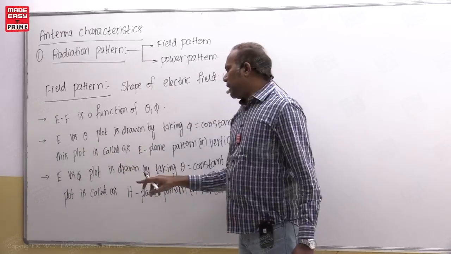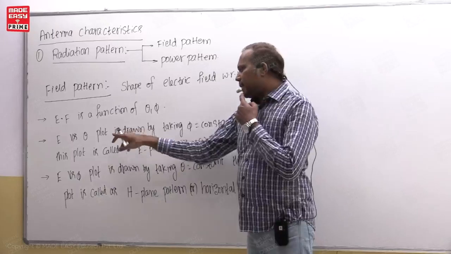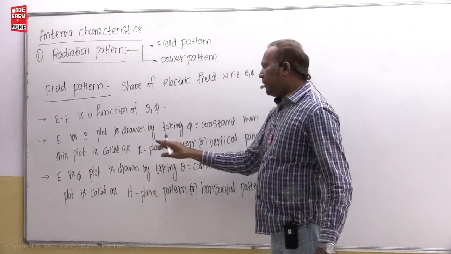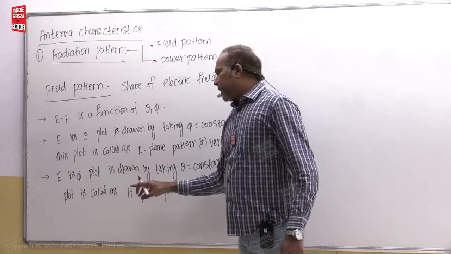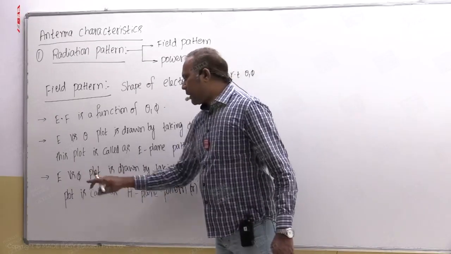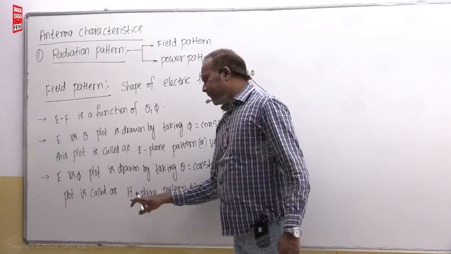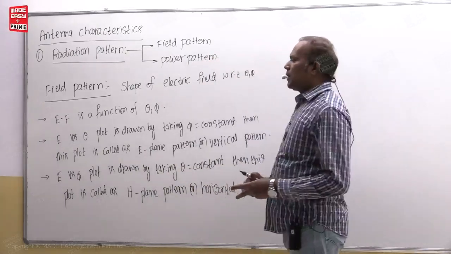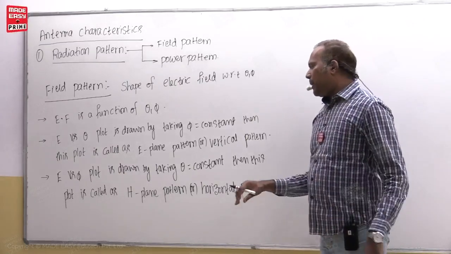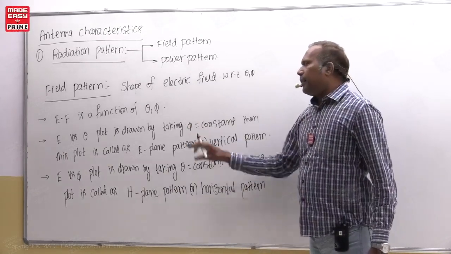With respect to theta means vertical angle, so it is called vertical pattern, or elevation plane, E plane, vertical plane, that is the meaning. Similarly, E versus phi plot is drawn by taking theta constant, so you are changing the horizontal angle, that is why it is called horizontal pattern. So H plane means horizontal plane here. Then you superimpose one upon one, then that is called a field pattern. So combination of vertical pattern and horizontal pattern is called field pattern.